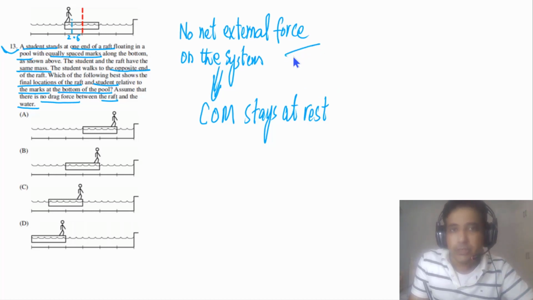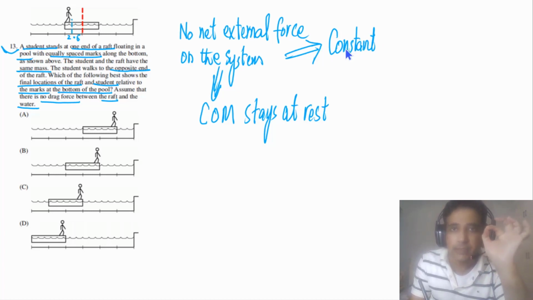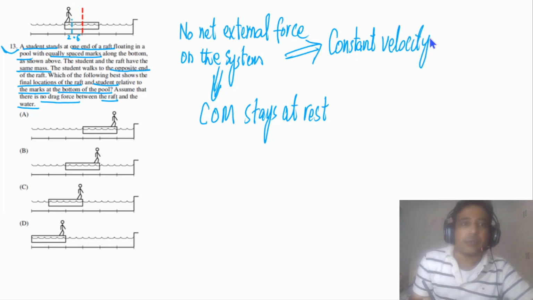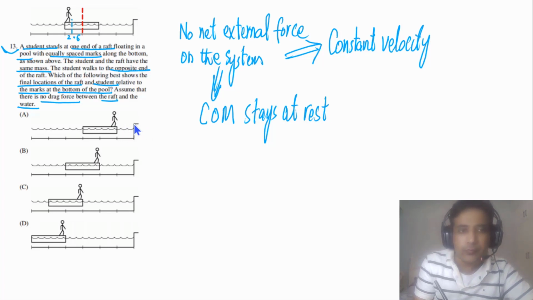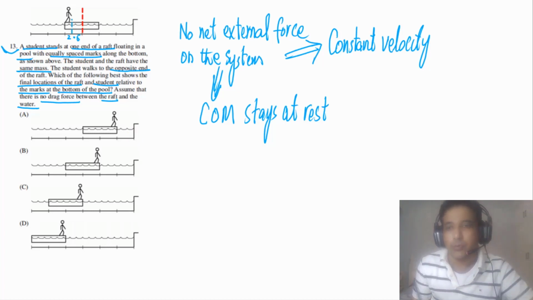If initially the center of mass was moving with constant velocity, then it will continue with the same constant velocity if no net external force acts on the system. So this concept is important. So now we need to find where the center of mass has to be at 2.5. This is the main concept: the center of mass has to be at 2.5.